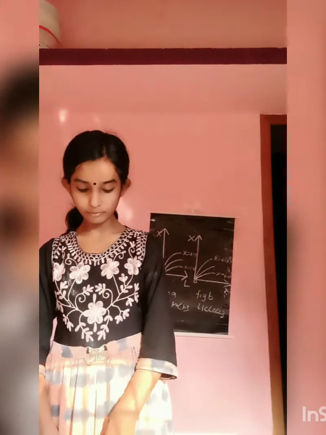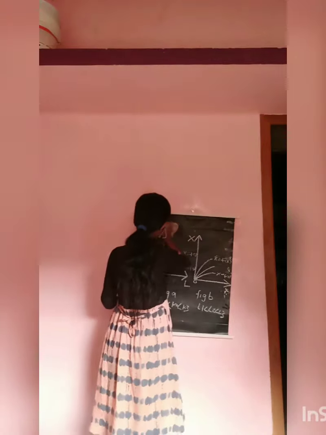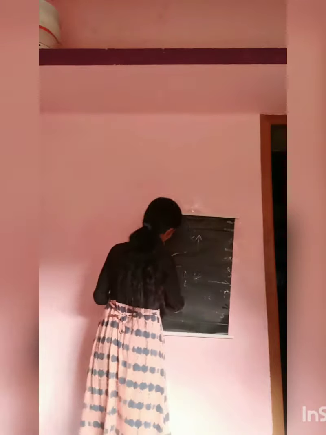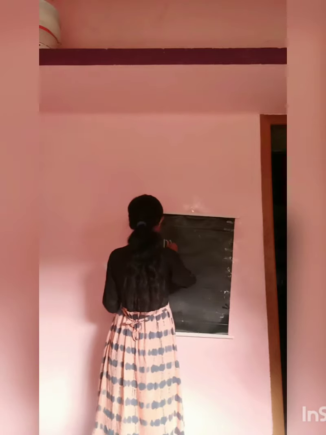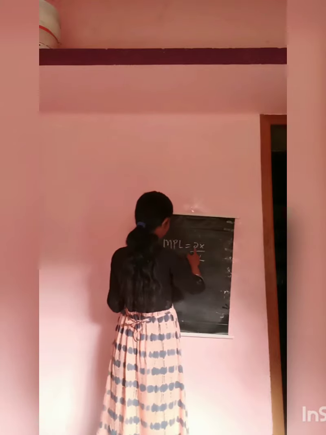Partial derivative with respect to labor: MPL is equal to dou X by dou L. Marginal product of labor is equal to dou output by dou labor.